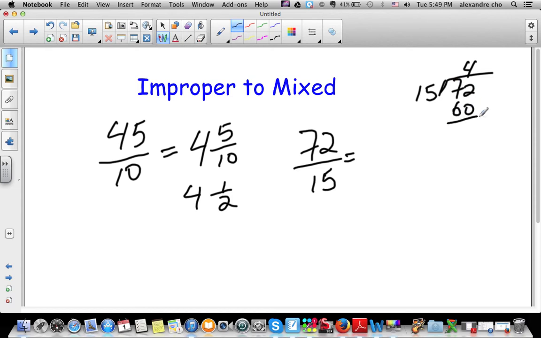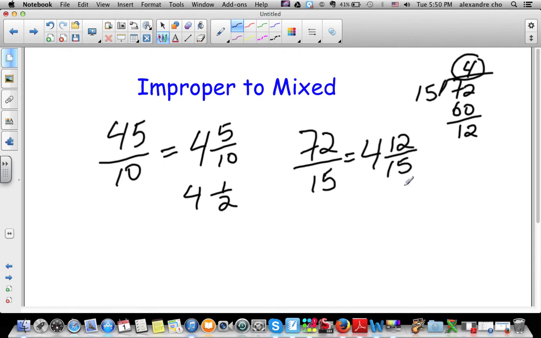And that's 60. And you have a remainder of 12. So the 4 over here on the quotient is your whole number. 15 can go into 72 4 times, which is 60, and you have a leftover of 12. Okay, that becomes your numerator, and your denominator is the same.